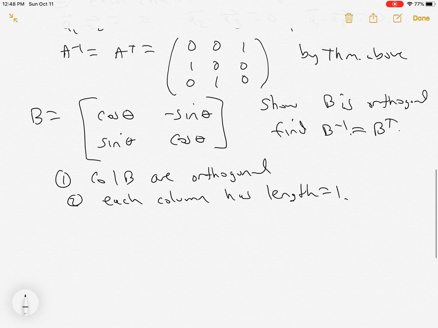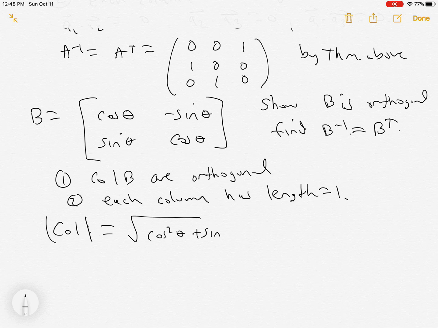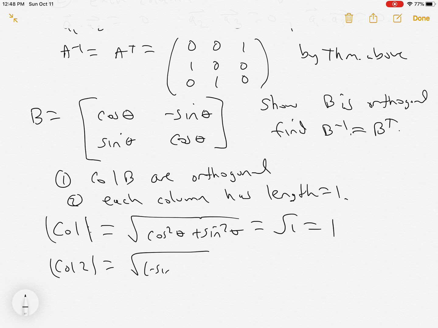Okay, so let's see here. The length of column 1 is going to be the square root of cosine squared theta plus sine squared theta, which is 1. And the length of column 2 is the square root of minus sine theta squared plus cosine squared theta, which is also 1. So we've shown that each column has length 1, so they're unit vectors for any angle theta, including 0.